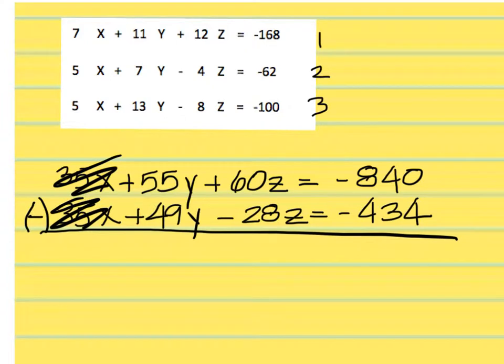But now we have to go through the rest of this. 55y minus 49y is going to be 6y. 60z minus a negative 28z. This is not 60 minus 28. This is 60 minus a negative 28, which will be a positive 88z.